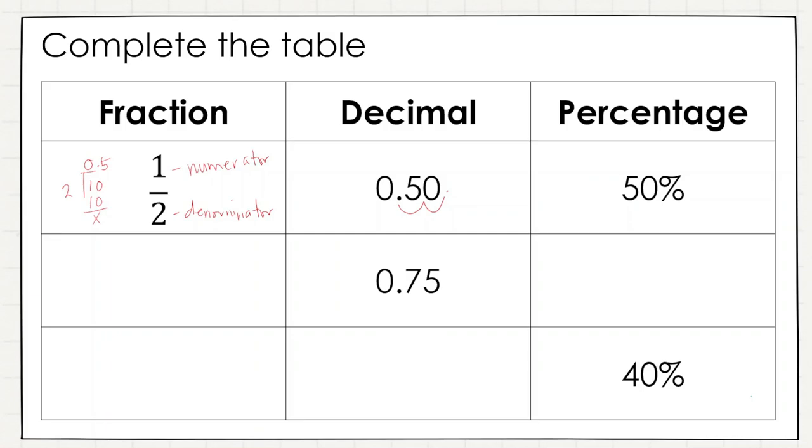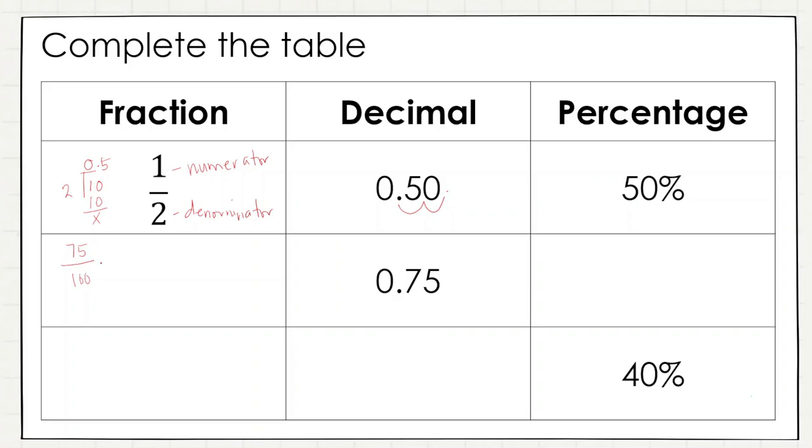If the given is a decimal, how are we going to convert it into fraction and percentage? Let us convert it into fraction. We're going to get the decimal digits, which is 75, and then the denominator will be a power of 10. The last place value is in hundreds place, so we're going to use 100 as the denominator.